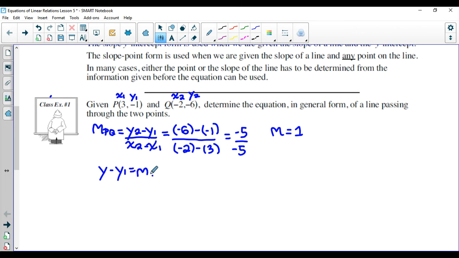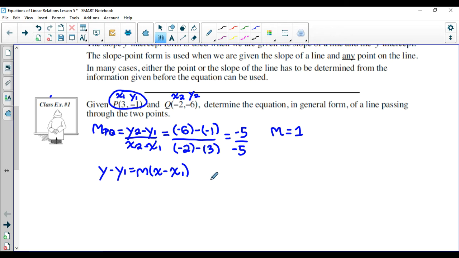The slope-point formula is y minus y1 equals m times x subtract x1. If we look up here, let's use the point (3, -1), although you could use the coordinates for point Q as well, you just plug in y2 instead of y1 and x2 instead of x1.